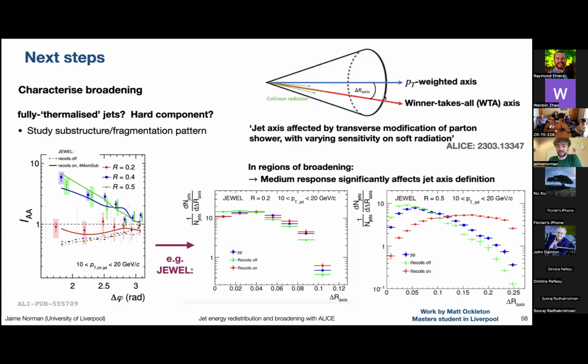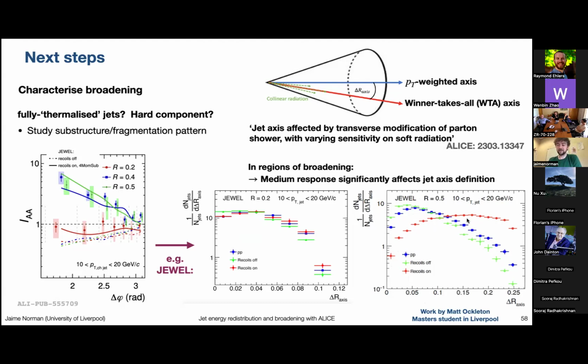This measurement was already done for inclusive jets by ALICE for narrow jets at higher pT. So I wanted to show these really nice studies done by a master's student in Liverpool, Matt, where in these regions where we see significant broadening, this difference between jet axes is significantly broadened.